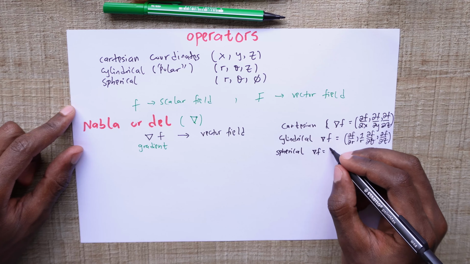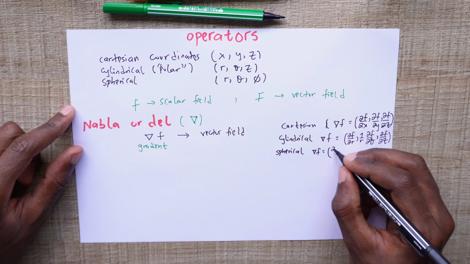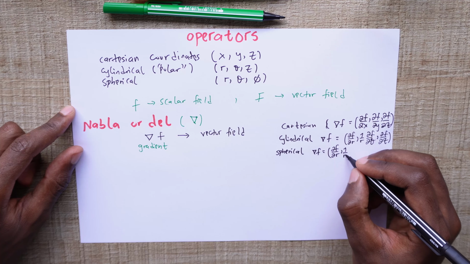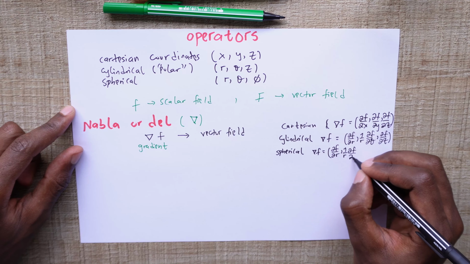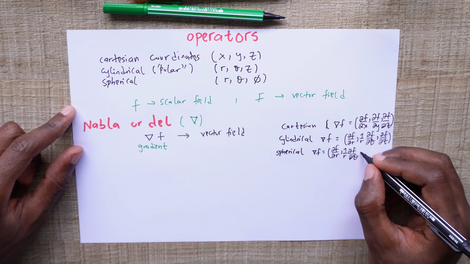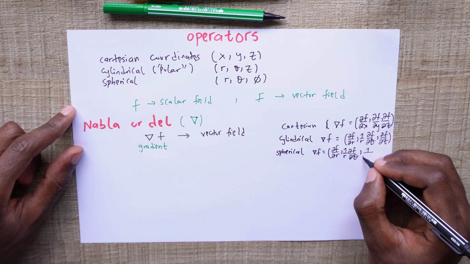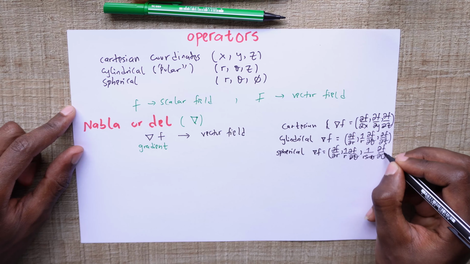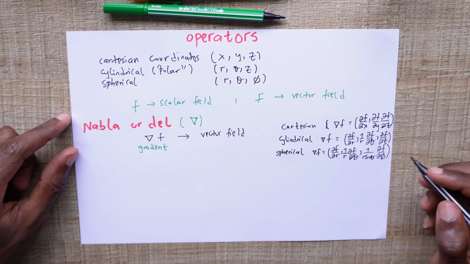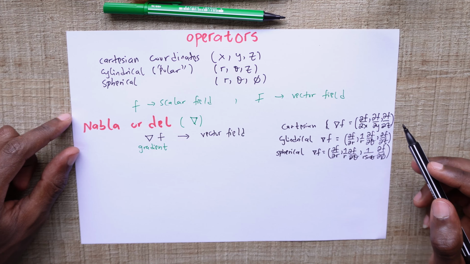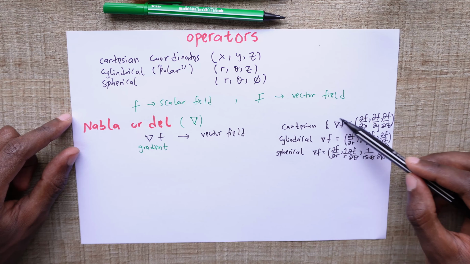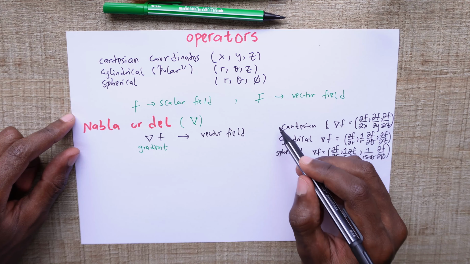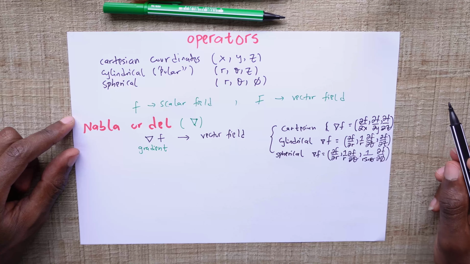Then Nabla f takes the form del f del r, 1 on r del f del theta, and 1 on r sine of theta del f del phi. Okay. So this is the expression of the Nabla operator or the gradient in the different coordinate systems.